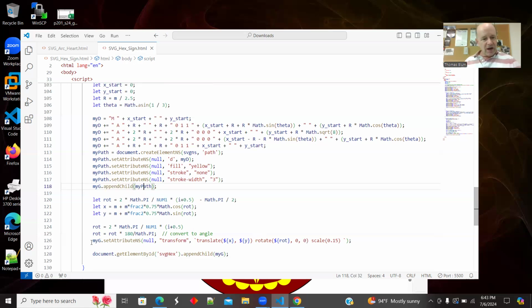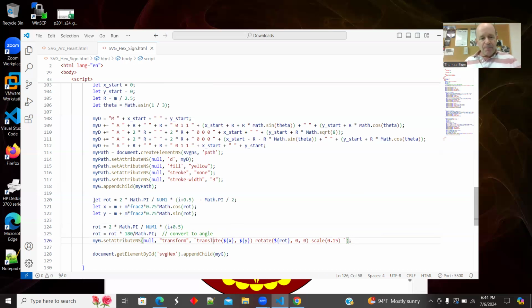So just before I add the G container, I am giving the G container a transform attribute, and that I'm going to translate, rotate, and scale it. The scale is the easy one. That's to make the hearts small enough to fit within the sign.